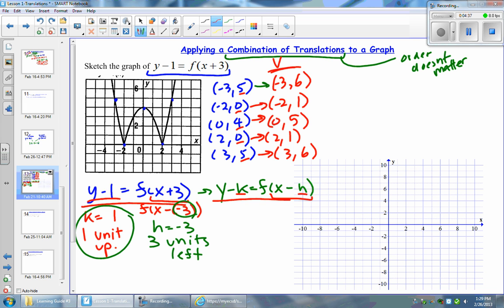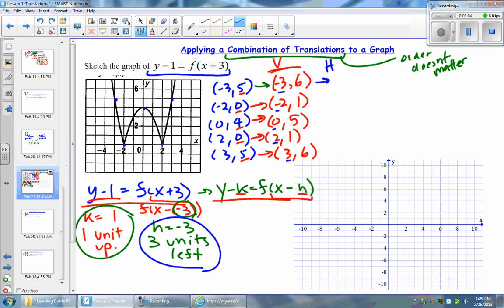The next translation is the horizontal translation. When you perform a horizontal translation, the only coordinates that change are your x coordinates. Your y coordinates stay the same. So let's perform the horizontal translation, and that is 3 units to the left. Since we're moving to the left, we have to subtract 3 from each of our x-coordinates.